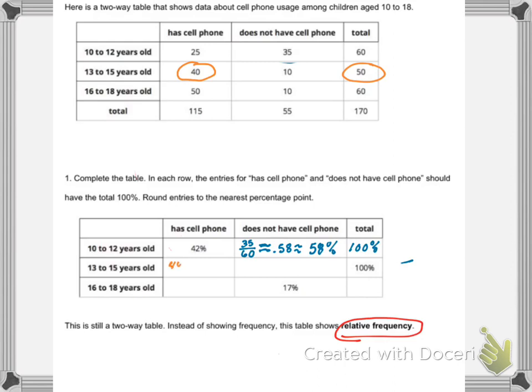So 40 out of 50, and you do again top divided by bottom to change it to a decimal. That comes out to 0.8, which is equal to 80%.